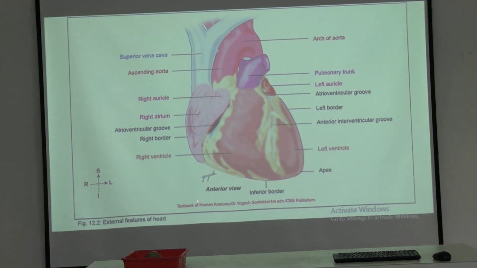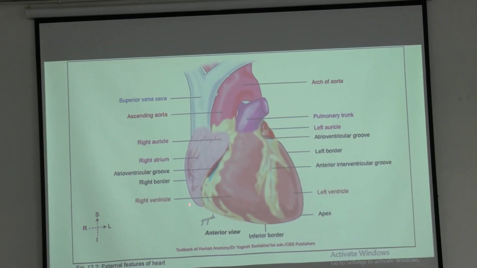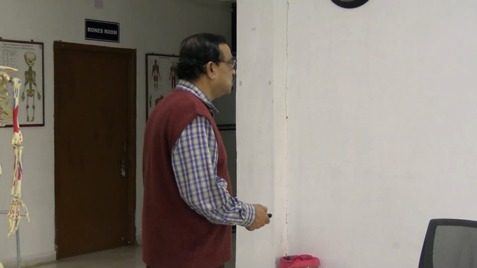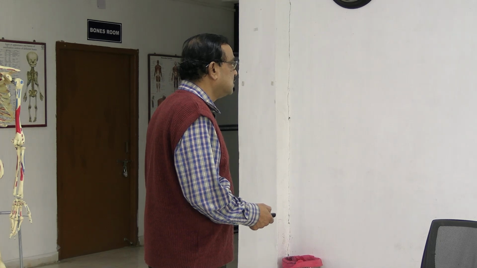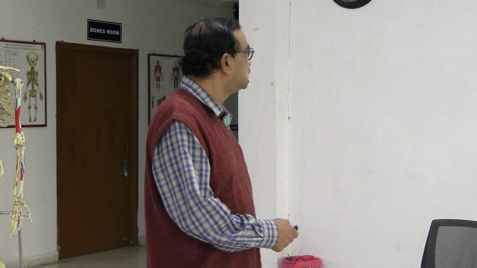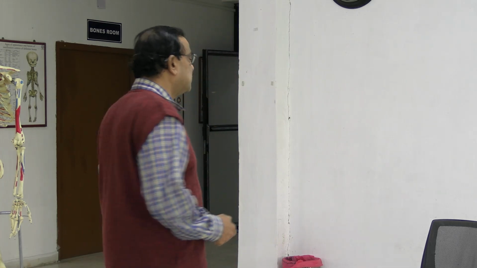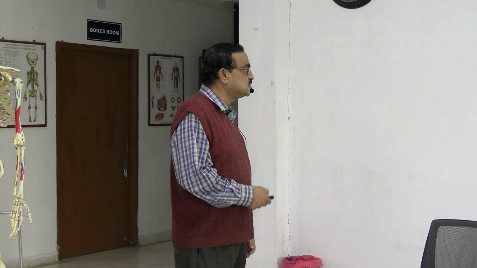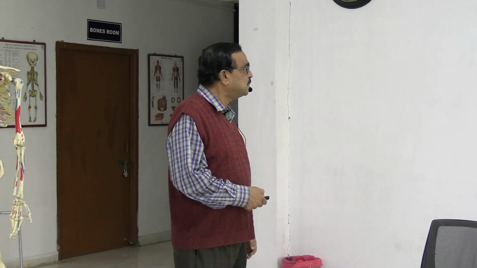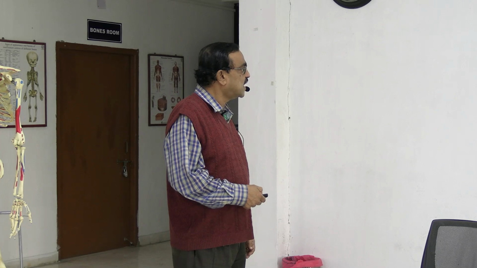Similarly, blood from the lower part of the body coming through the inferior vena cava also reaches this right atrium. From above, the superior vena cava, from below, the inferior vena cava, which is not shown in this diagram. So ultimately it reaches the right atrium.